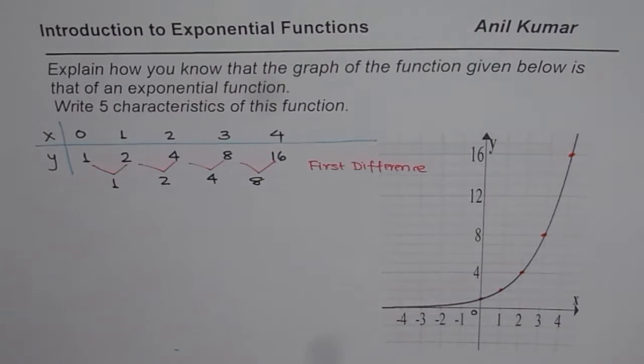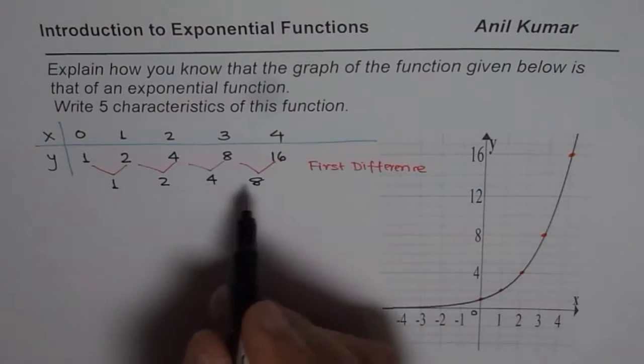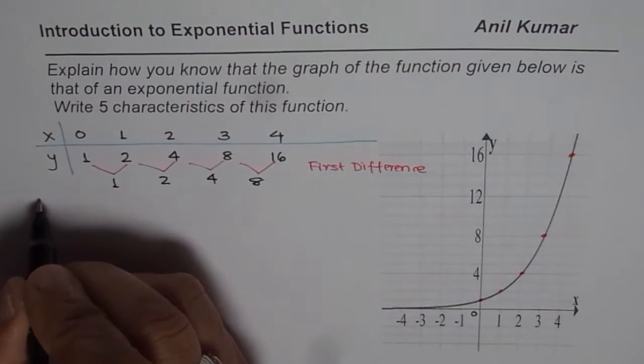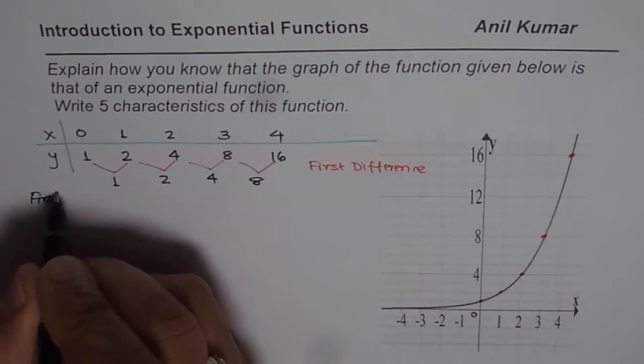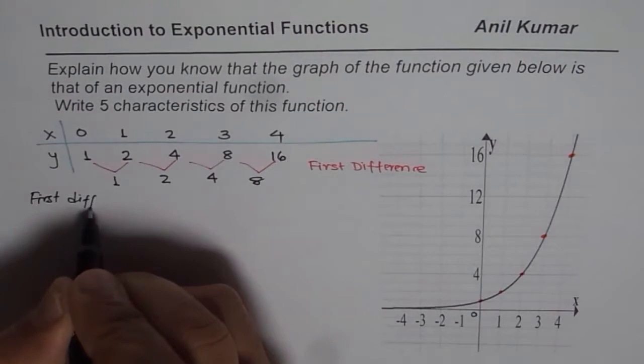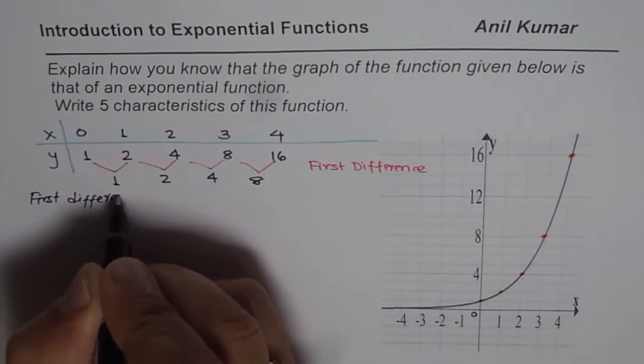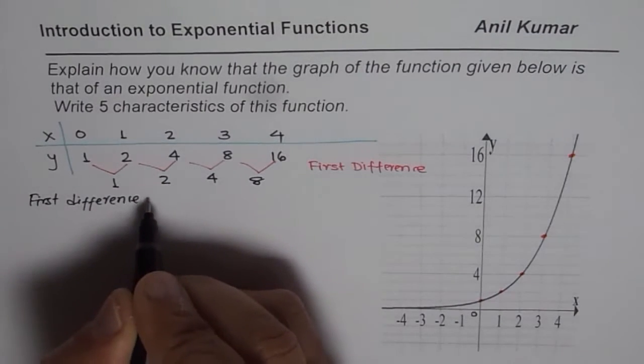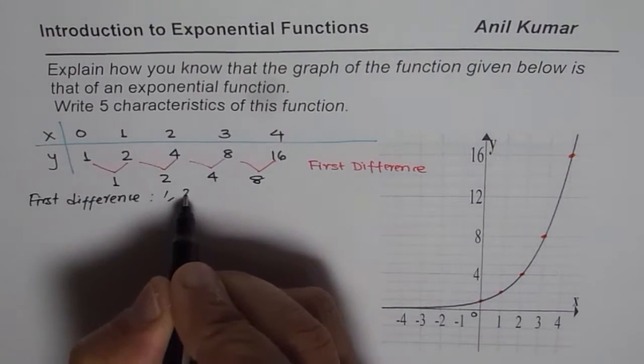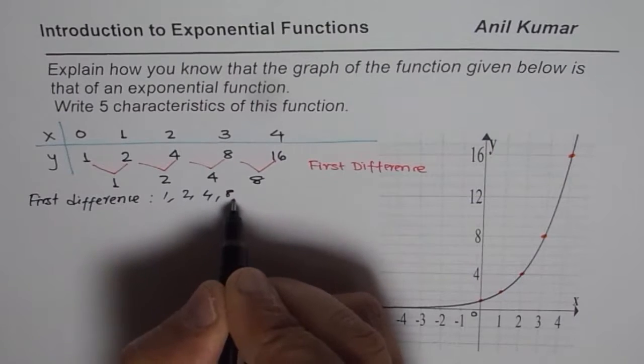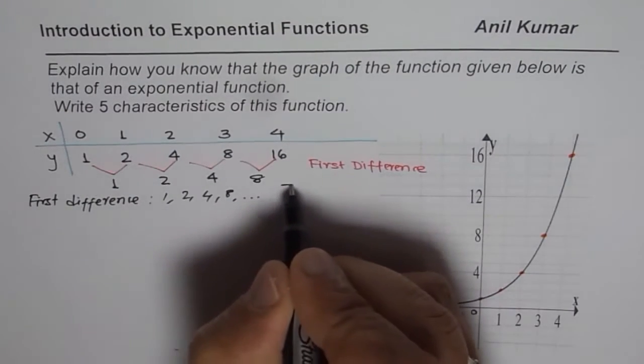So clearly what we notice here is that first difference has a pattern, right? So what we find is that the first difference is 1, 2, 4, 8, right? So like this. So it is times 2.